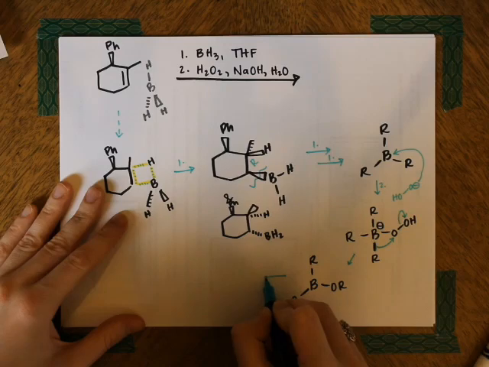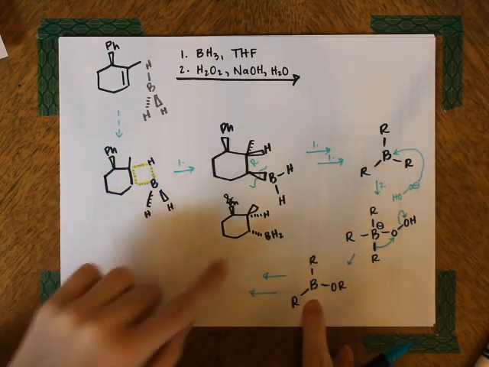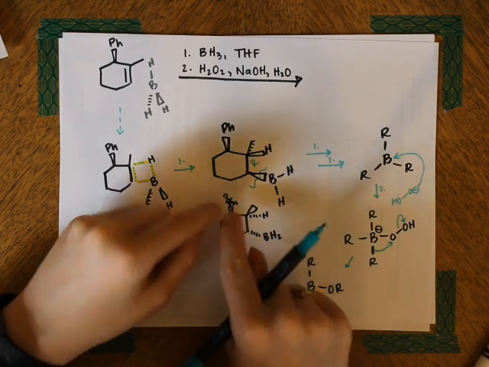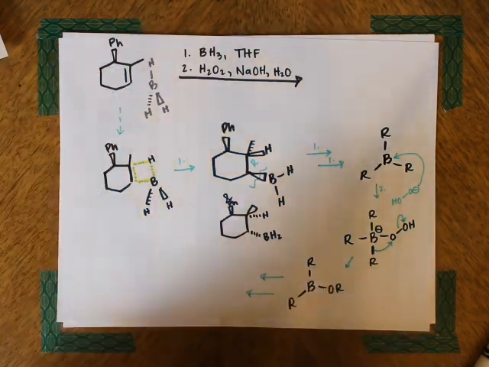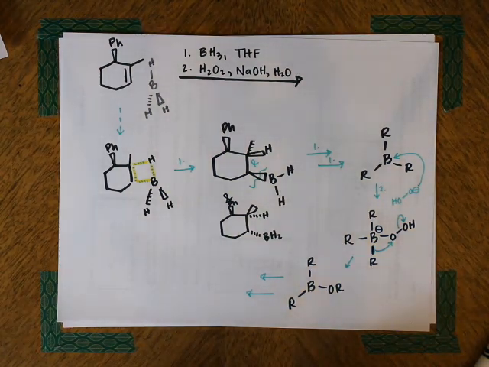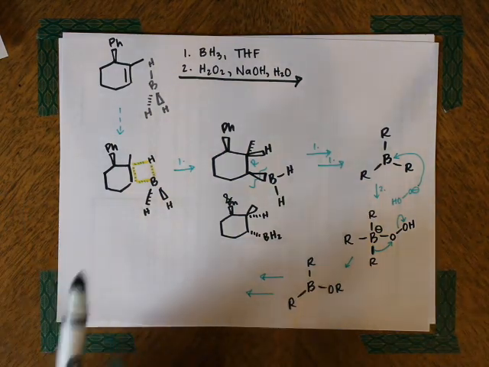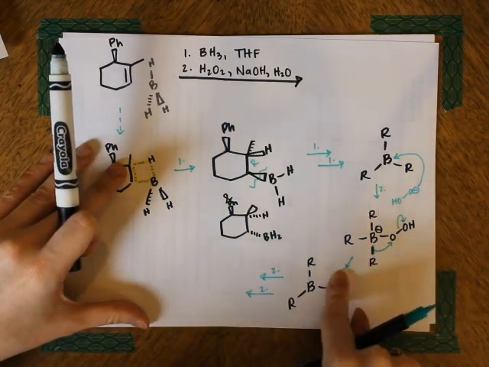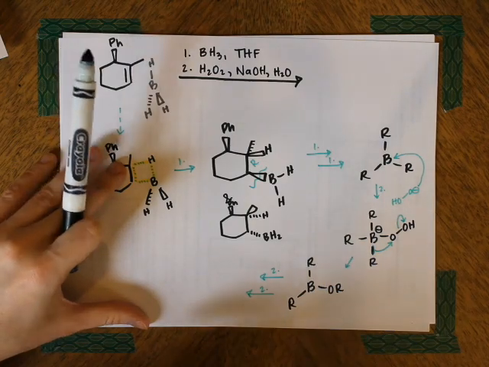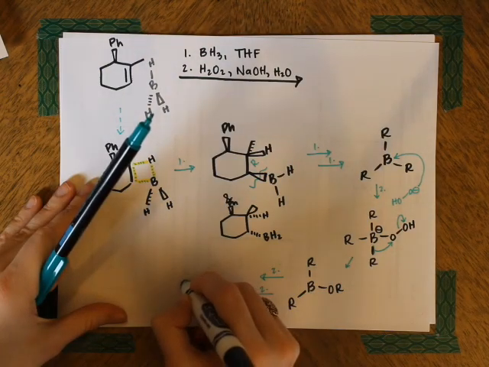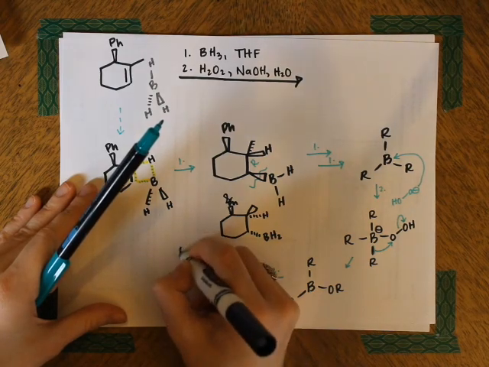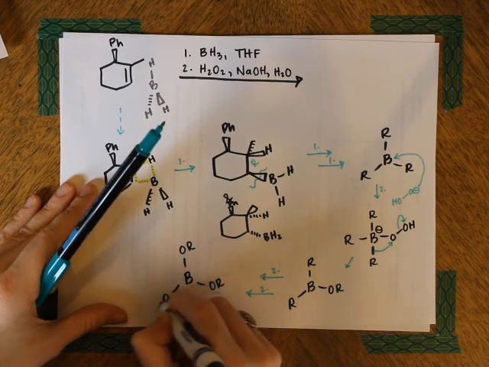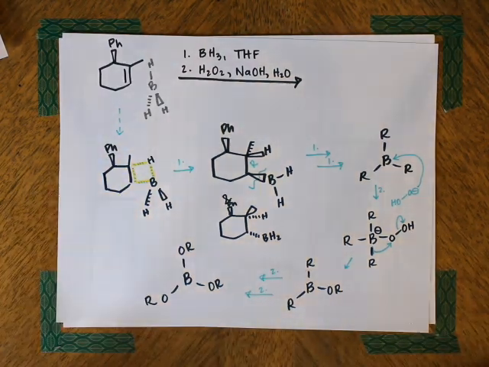This needs to happen twice more because I have 2 more of these R groups on my boron that need to become OR groups. Remember, I need to try to get an oxygen onto my alkene. And so step 2 happens twice more. This step and then this step happens twice more for each of these 2 R's. So I will end up with this.